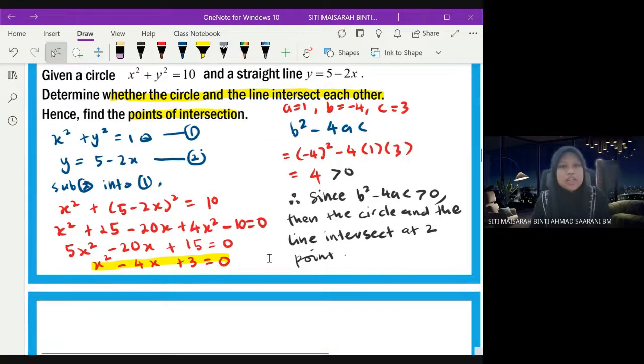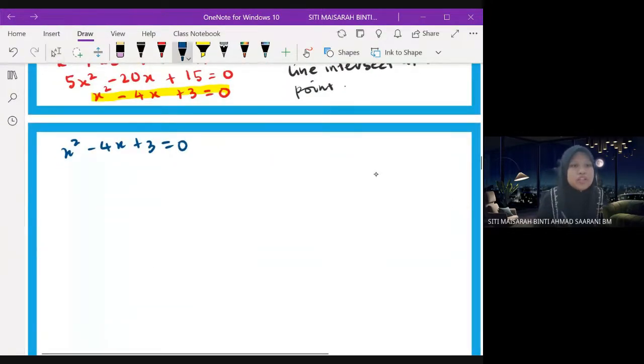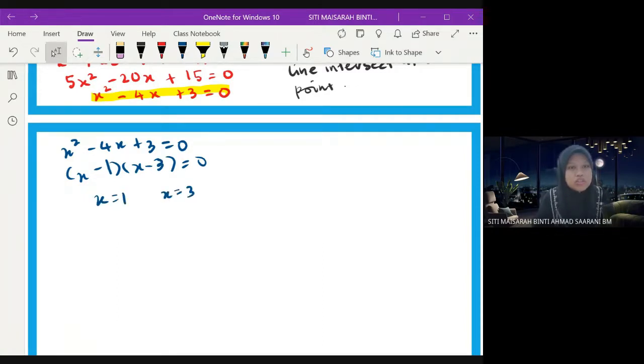Okay. So then untuk yang point of intersection, kita continue daripada kita punya quadratic, which is x square minus 4x plus 3 is equal to 0. So then kita factor, we get x minus 1, x minus 3. So then x is equal to 1, x equals to 3.